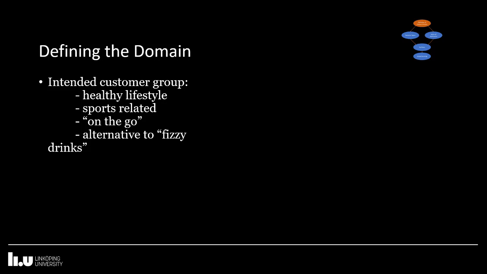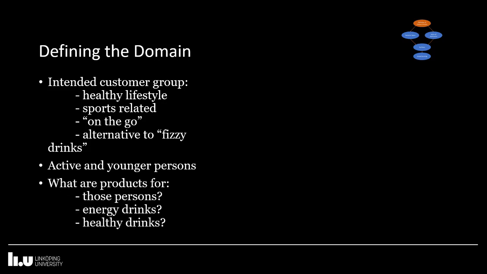And they would like to have a healthy drink as an alternative to fizzy, sugary drinks, and so on. So there should be a healthy component in there. Also, this group tends to be active and younger persons. So that's why they're sport related.